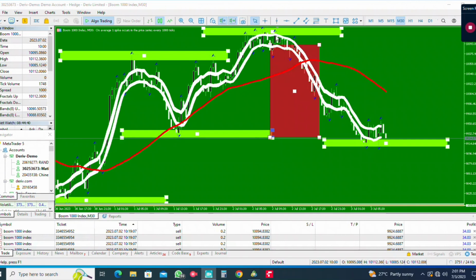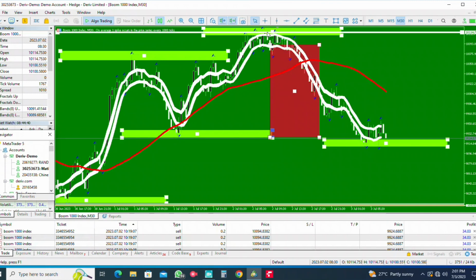From this point now, I'm going to switch to the 5 minutes time frame so that you can see what happens at this point. But before we switch, what we are going to do is draw our two horizontal lines.